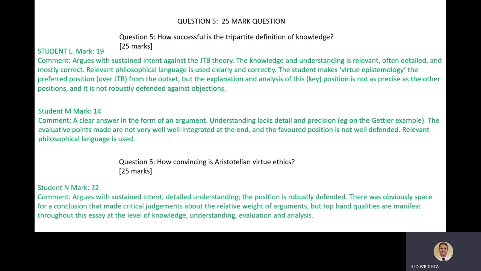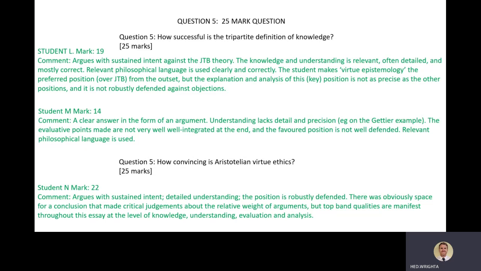So, question 5, how convincing is Aristotelian virtue ethics? 22, a brilliant essay. It argues with sustained intent, detailed understanding, and the position is robustly defended. There was obviously space for a conclusion that made critical judgments about the relative weight of arguments. That's an interesting point: not just giving different arguments, but saying which are the strongest and the weakest. But top band qualities are manifest throughout this essay at the level of knowledge, understanding, evaluation, and analysis.